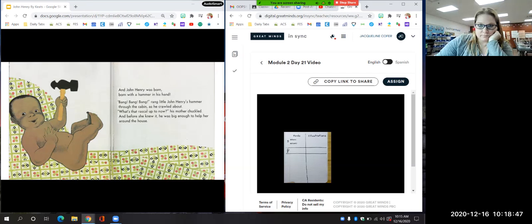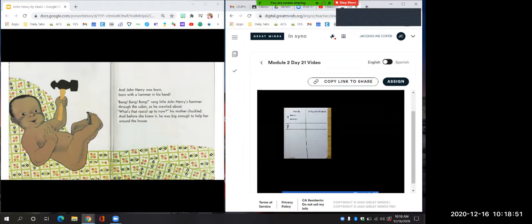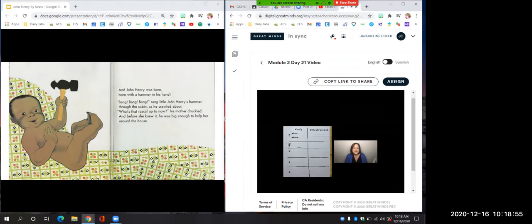Okay. So now what we're going to do is we're going to listen to several pages and we're going to listen for the main events in the story. We now know that John Henry is the main character.